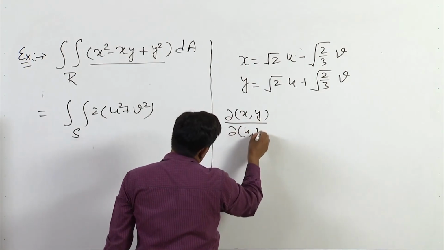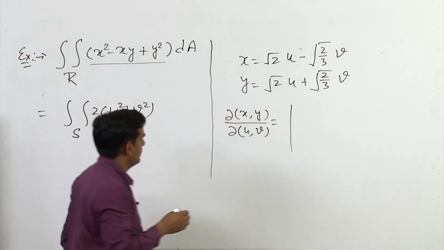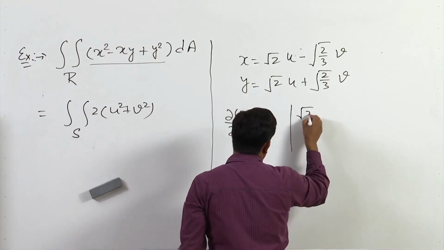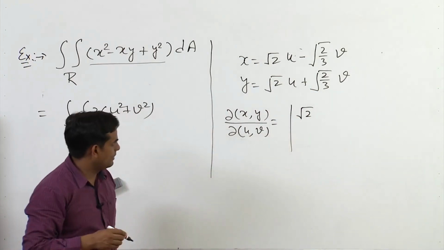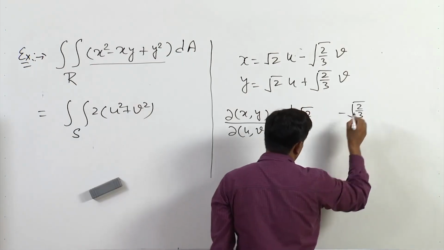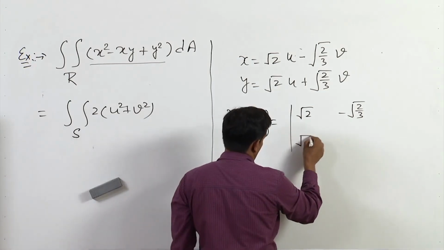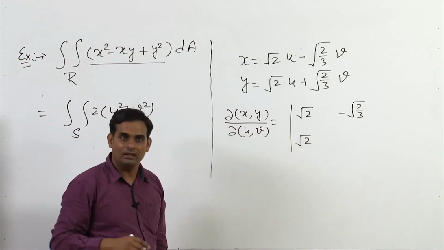Del x over del u will be root 2, del x over del v, del y over del u, del y over del v.